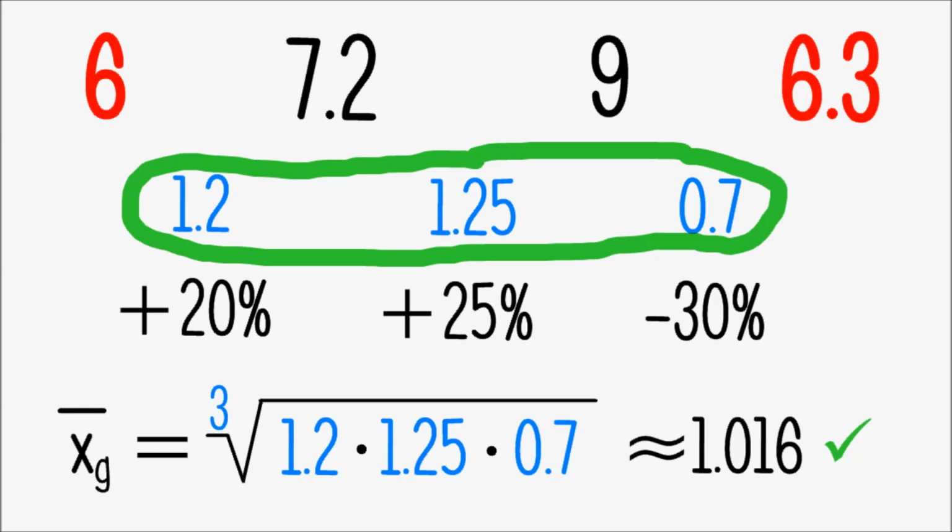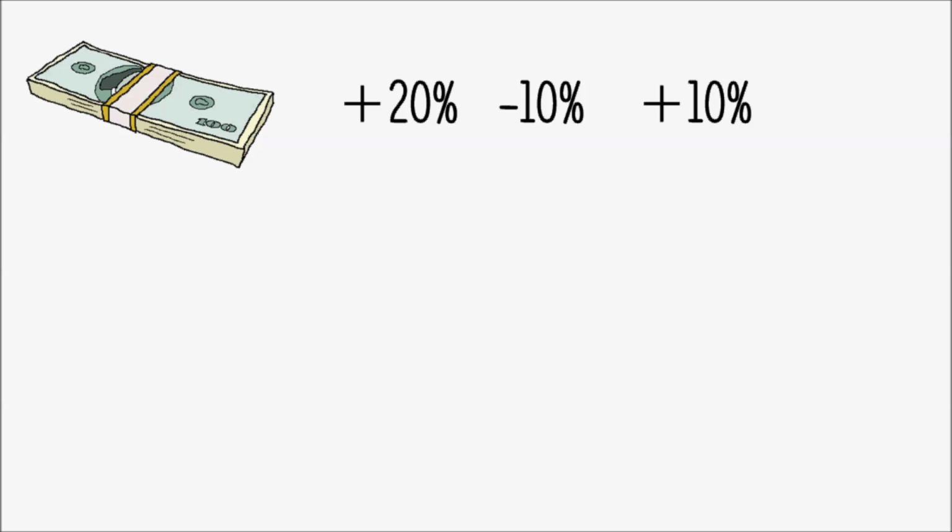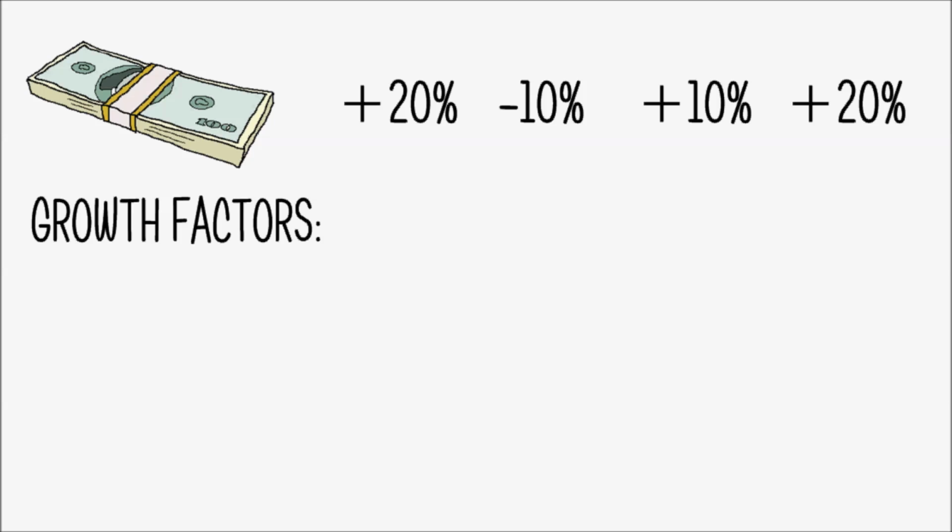A typical example in which we would use the geometric mean is the growth of capital investment. Let's suppose an investment fund grows by 20% in the first year, in the second year its value drops by 10%, in the third year its value increases by 10%, and in the fourth year the fund grows by 20%. The growth factors would therefore be 1.2, 0.9, 1.1 and 1.2.